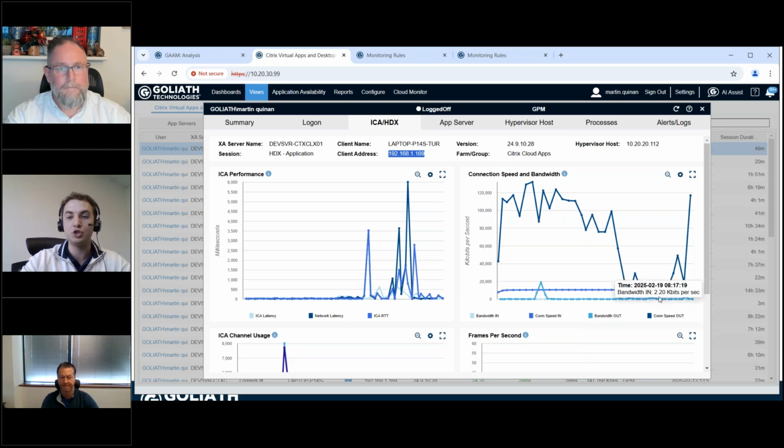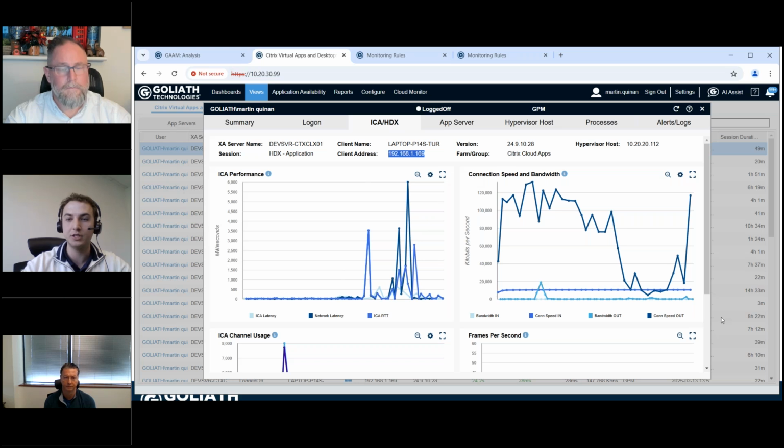So this gives you the objective data for a user's complaint to understand exactly where the slowness is coming from, and at the point where the user would be complaining, that we have client-side connectivity at their location as a root cause to now investigate.